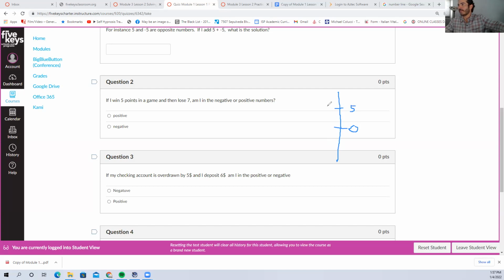So here's where I am. If I lose 5, 1, 2, 3, 4, 5, I'm at 0. And then if I lose 2 more, 1, 2, there's my 7-point change.